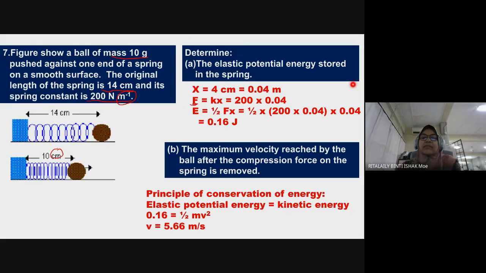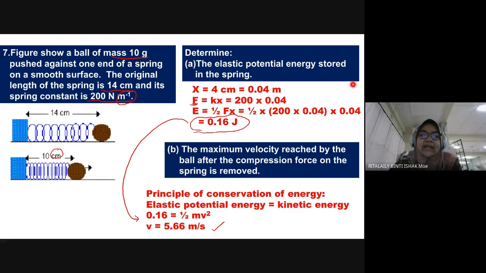So now, based on the principle of conservation of energy, we can convert energy from one type of energy to another. So here, elastic potential energy is converted to kinetic energy. So we have calculated the elastic potential energy in A. So kita masukkan di dalam sini, equals to half mv square. Okay, so we get the V value as 5.66 meter per second.